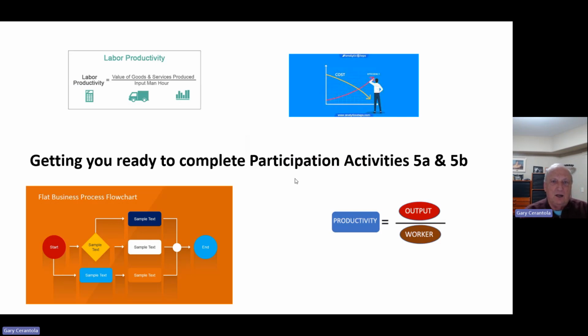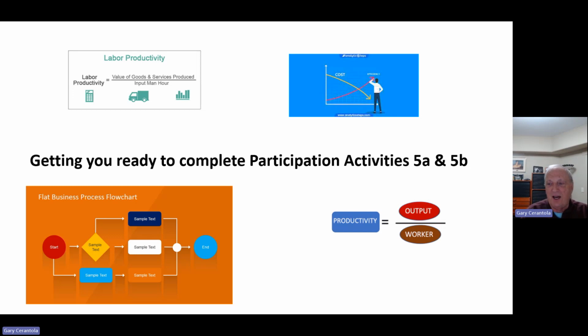I'll zoom through those slides near the end to tell you where that is. But our main objective today is to get you through 5A and 5B, the participation activities. Again, it's all about calculating what productivity is and how you do that. One of the best tools is to map out what your process looks like based on your inputs and your outputs.